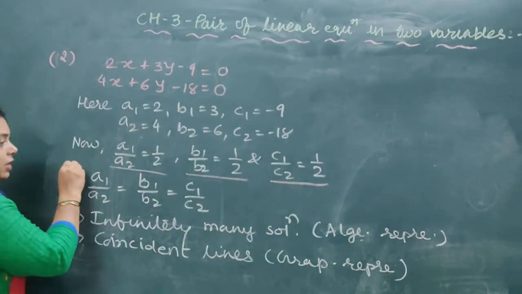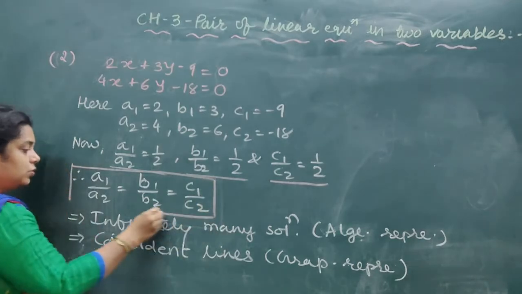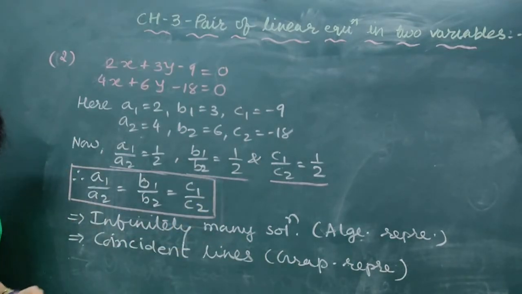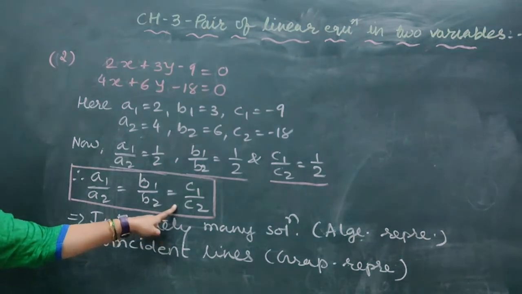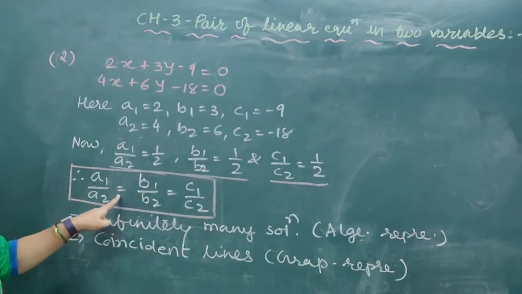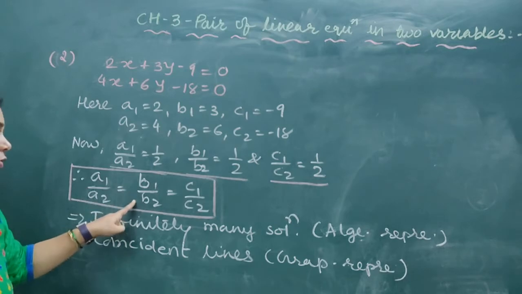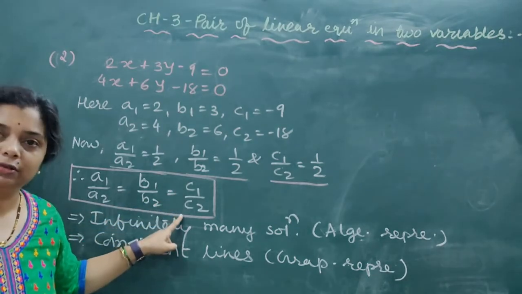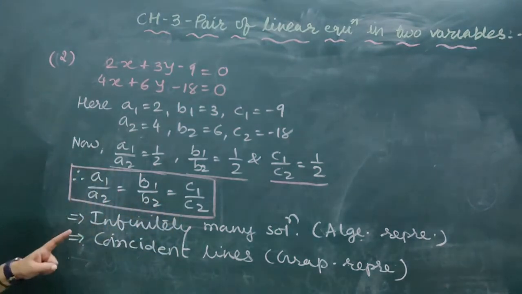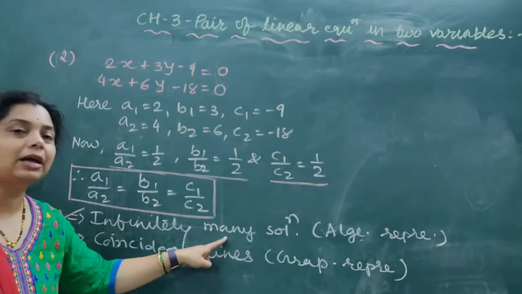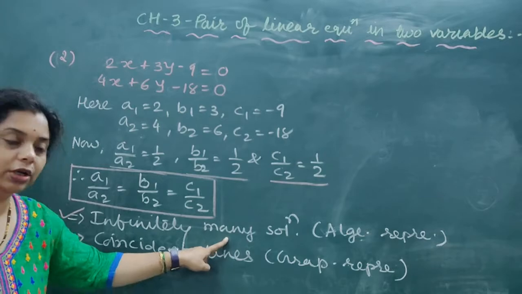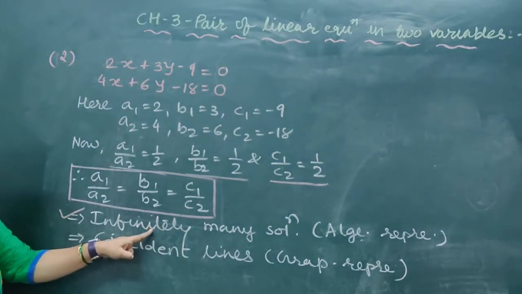So here we get a1 by a2 is equal to b1 by b2 is equal to c1 by c2. So whenever you get such type of condition, a1 by a2 is equal to b1 by b2 is equal to c1 by c2, that pair we can say shows infinitely many solutions.